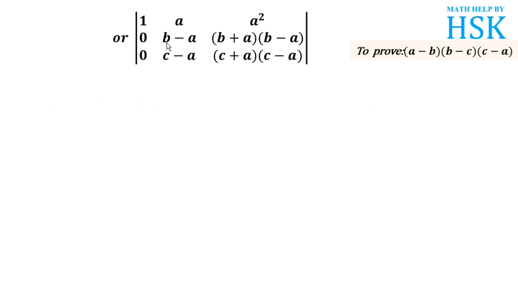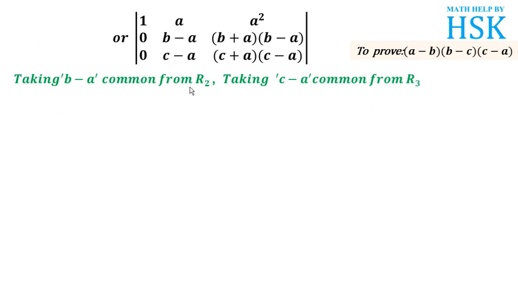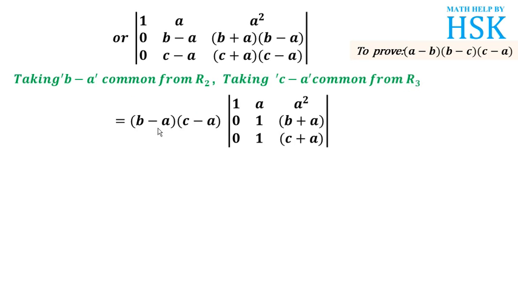Further, we can see that from the second row we can take b − a as common, and c − a can be taken common from the third row. So taking b − a common from R2 and c − a common from R3, this is equal to (b − a)(c − a) times the remaining determinant, whose first row is 1, a².